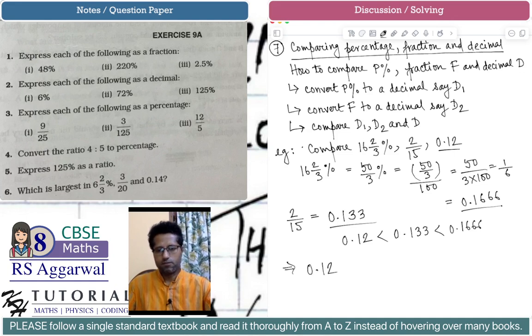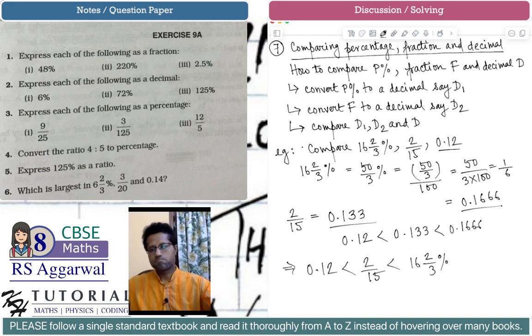This will be less than 0.133, which was the decimal equivalent of the fraction 2 by 15, and 0.1666 was the percentage. So this is the arrangement of the given three values, where the first one is the percentage, the second one is a fraction, and the third one is a decimal, in ascending order. So this is how we compare percentage, fraction and decimal.